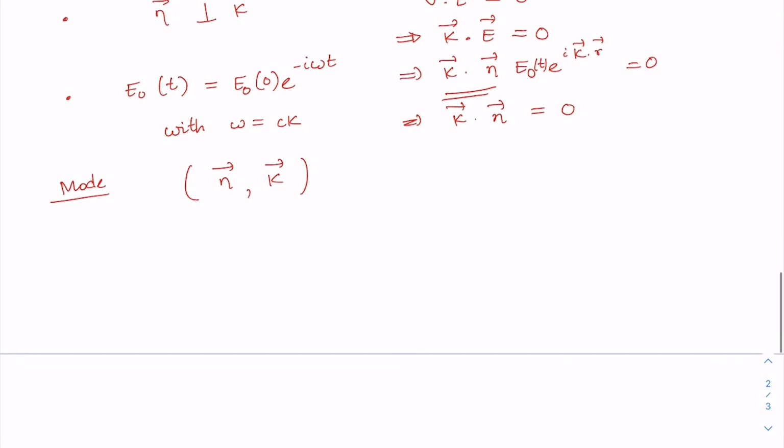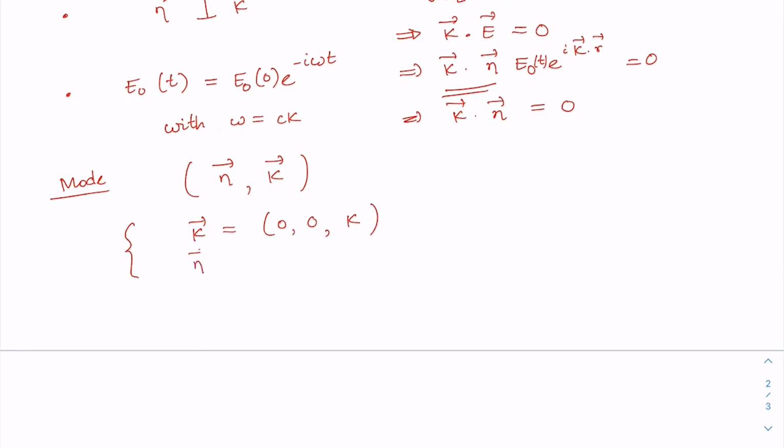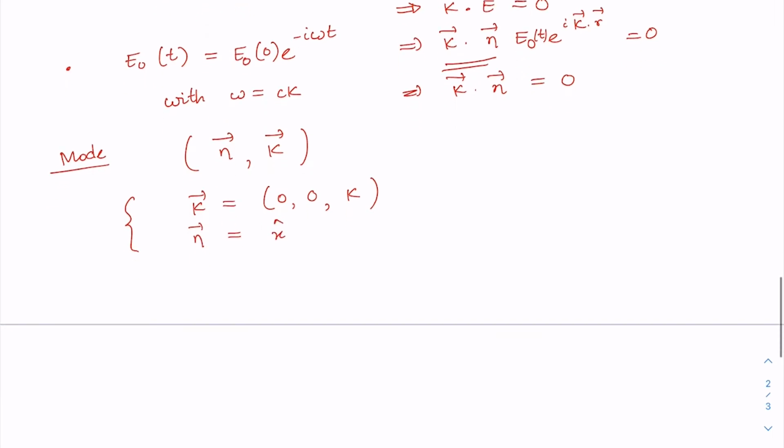To explain it a little bit more, for example, if my propagation vector is along the z direction, so the x and y components are 0 and k is the magnitude of the propagation vector, then the polarization vector should have either an x component or a y component. So this defines one particular mode. And if the polarization vector is, say, along y cap but the k remains the same, that is going to be a different mode.